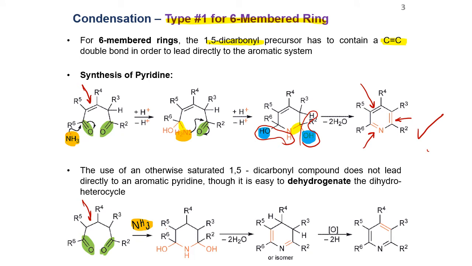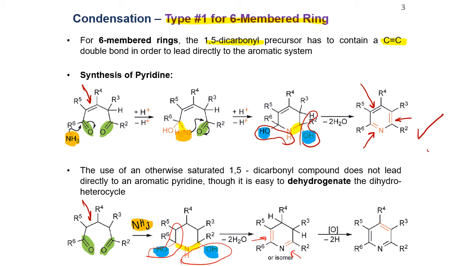after attacking twice, you are forming 2 carbon-heteroatom bonds with 2 leaving groups here. So you can remove 2 molecules of water here and here to get 2 double bonds, and you can see at the moment in the 6-membered ring you only have 2 double bonds, which is not aromatic yet.